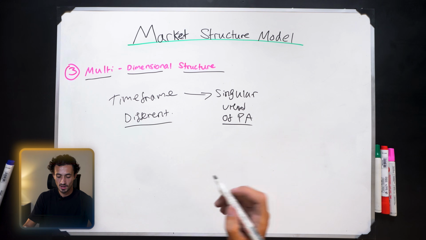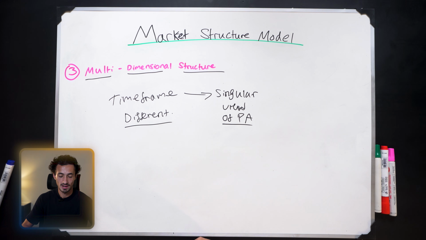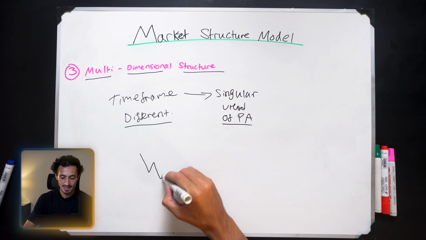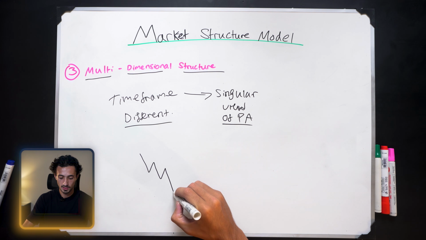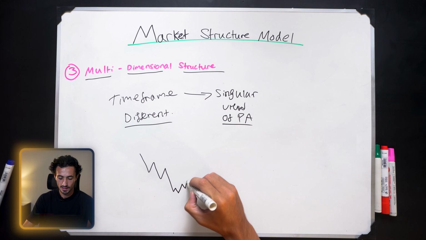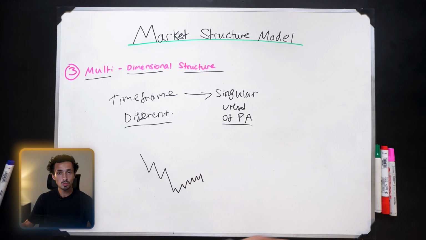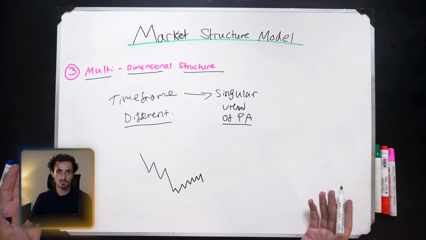So the market is just one existing, living, breathing organism, and a time frame is a single perspective view of that market. So one trader may say that the market is bearish right now, and he may be right. Another trader might say that the market is bullish right now, and he also may be right. The difference is that maybe they're looking on different time frames.